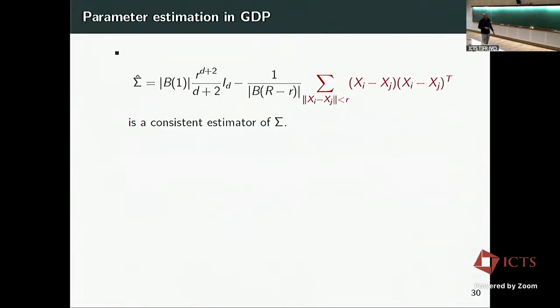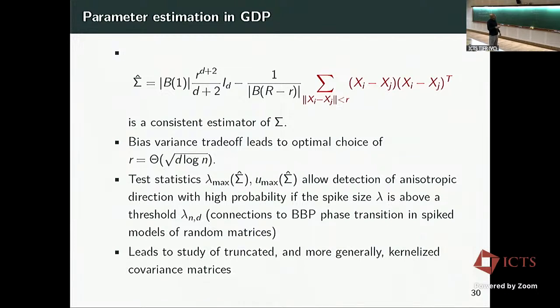You can look at the maximal eigenvalue and the maximal eigenvector of sigma hat, this matrix. Based on these, you can construct tests of hypotheses which allow for detection of an anisotropic direction with high probability if the spike size is above a certain threshold, lambda n comma d.